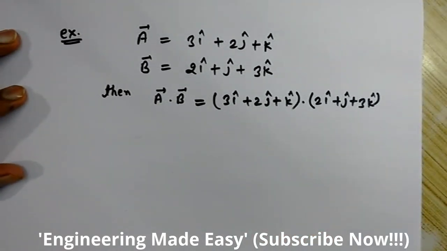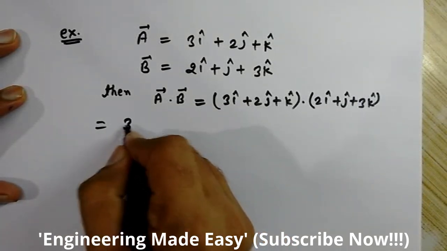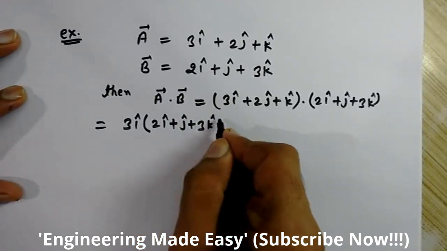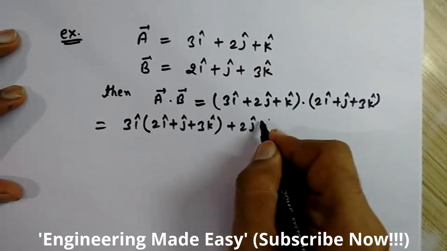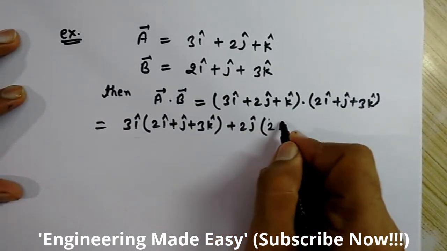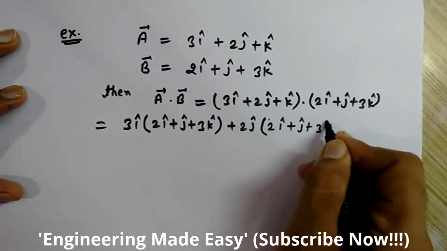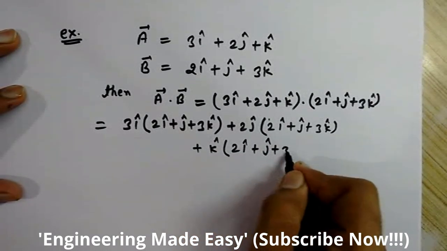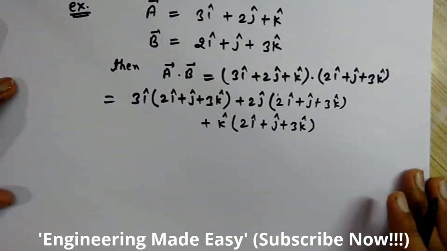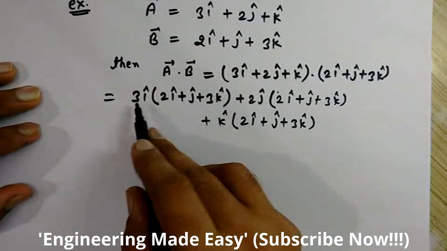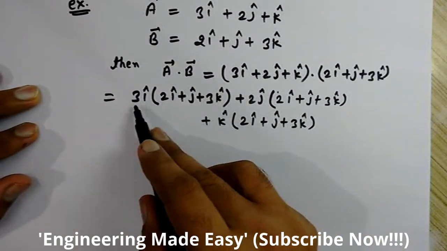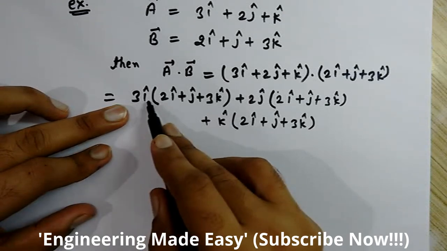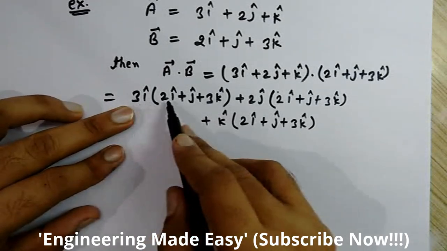Okay, so now listen, when this 3i cap is multiplied with all these three, then with the definition of dot product, we will multiply 3i cap and 2i cap, since these are two vectors.